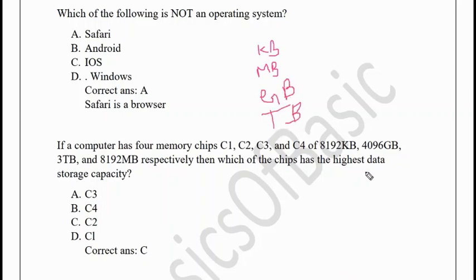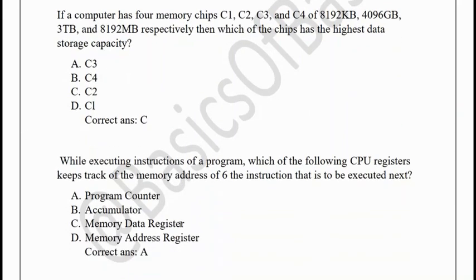To confuse you, they have given large numbers for the small units and small numbers for the large ones. So TB, that is terabyte, is the largest unit. So the answer here would be 3 TB. These are all the basic things which are asked in computer. You would have studied them if you had computer in your schooling itself.